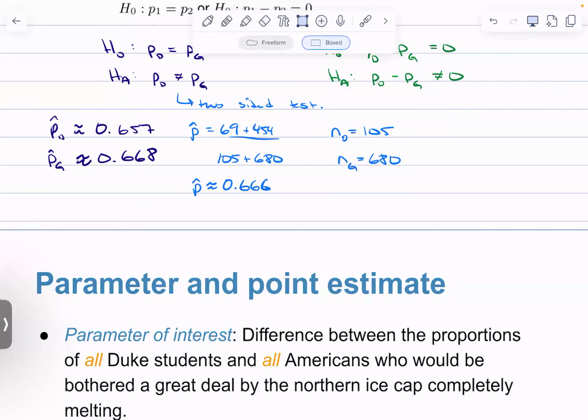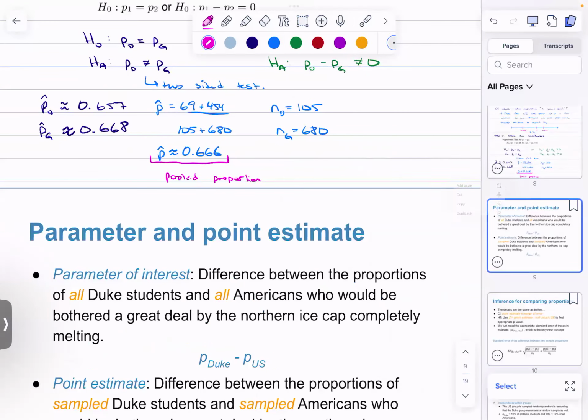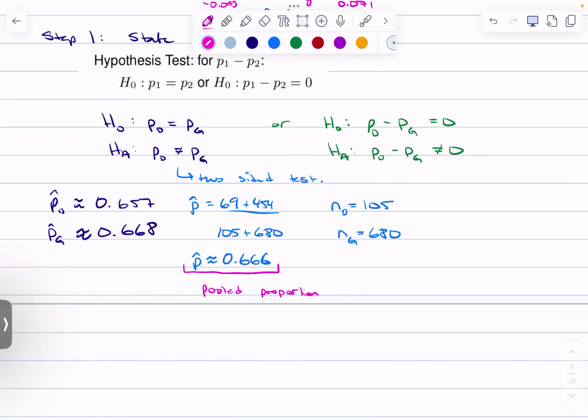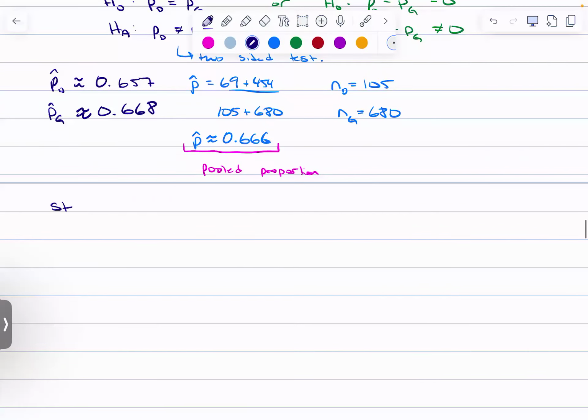Jot down everything that we need. All right, this is our pooled proportion. Now we're ready for step 2. Do the test.